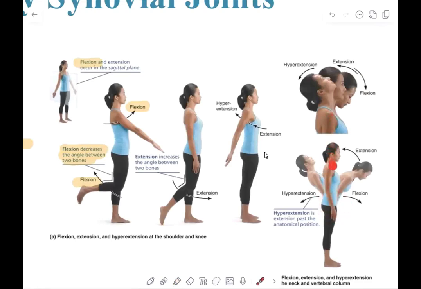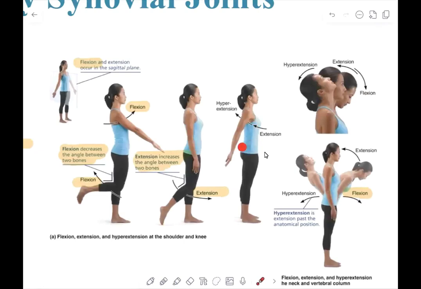So if she's standing straight up and she leans forward, that's decreasing the angle, so she's flexing. The opposite of that would be extension, where she's increasing the angle between the two bones. So returning her lower leg from here to standing straight would be extension.